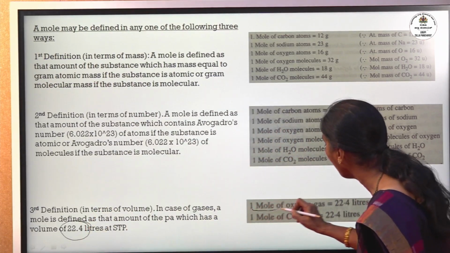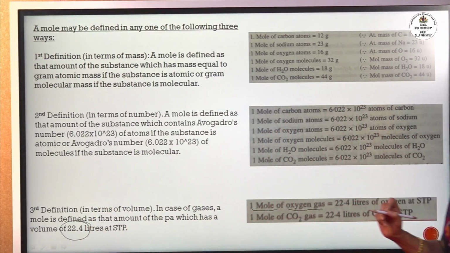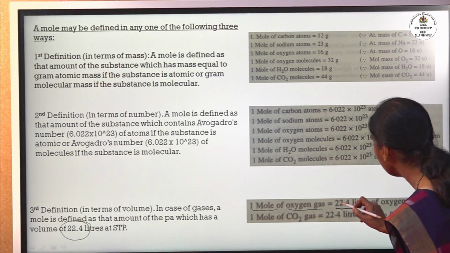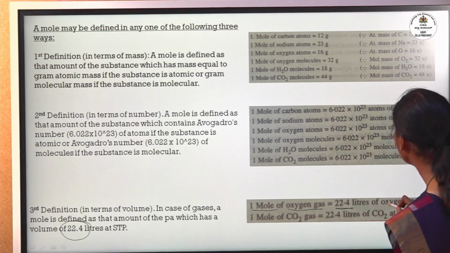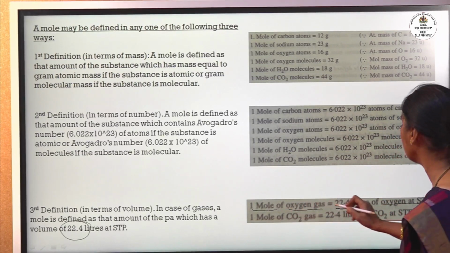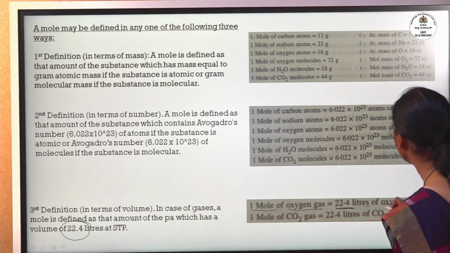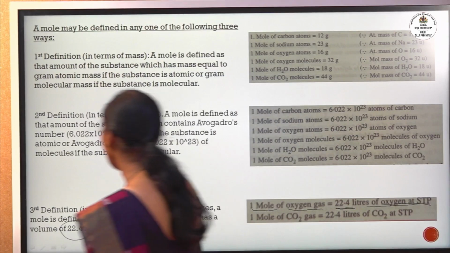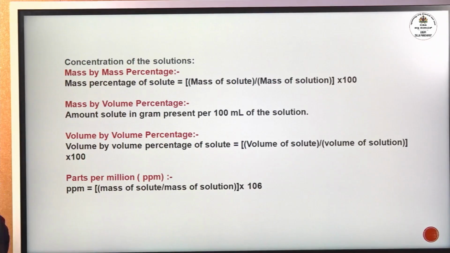If we take 1 mole of oxygen gas, it occupies 22.4 liters at STP. So, this is in terms of volume.